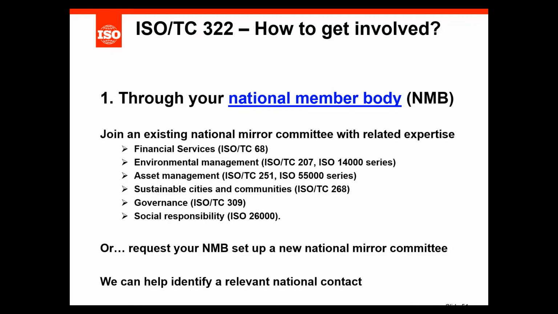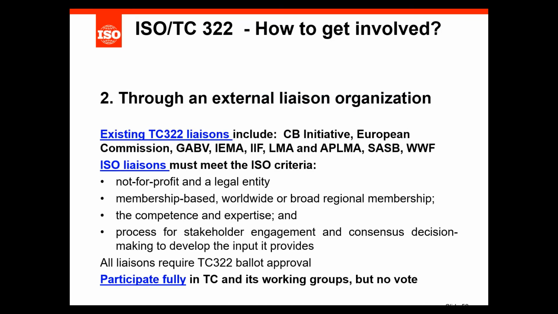Next slide, please. The other option is for an external liaison organisation to apply to join the technical committee. That organisation can then nominate experts to participate in our work. We already have a number of those involved, but we welcome new ones, whether global organisations or regional organisations.